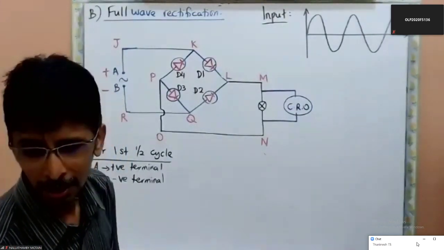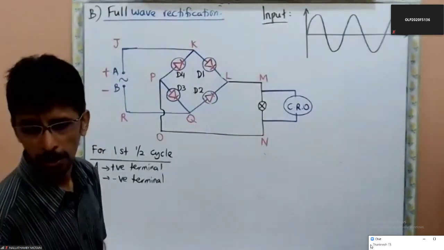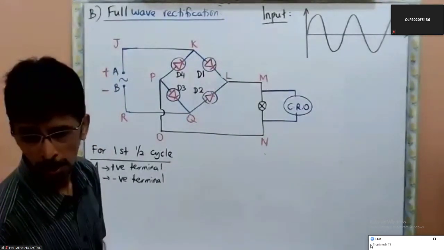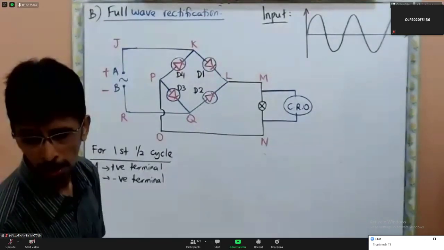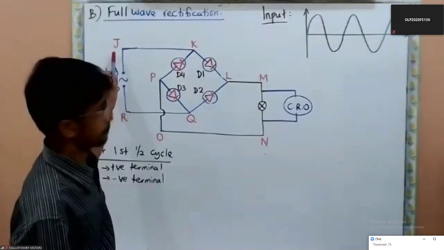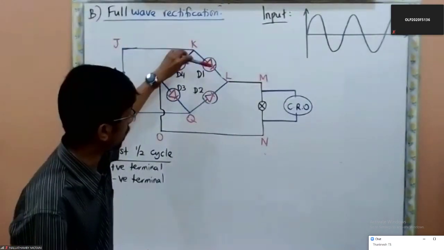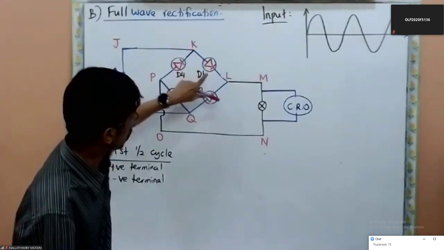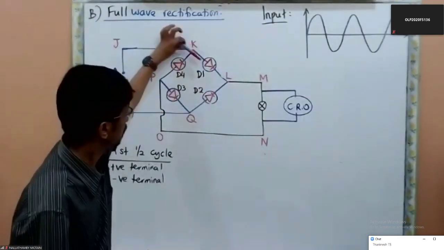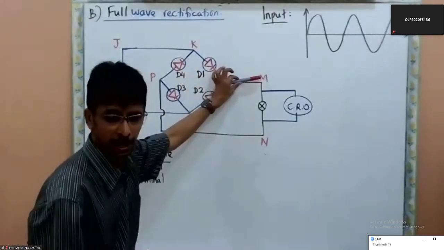Please rename. Okay. Current flows from J to K through D1, because it is forward bias. This one is reverse bias. D1 comes to L, M.